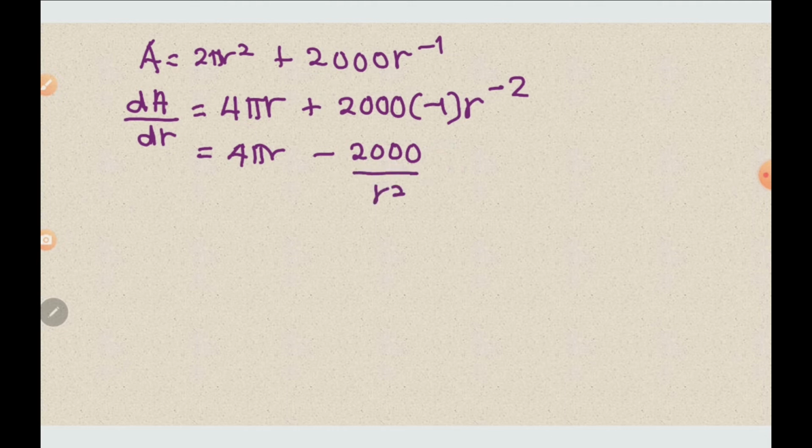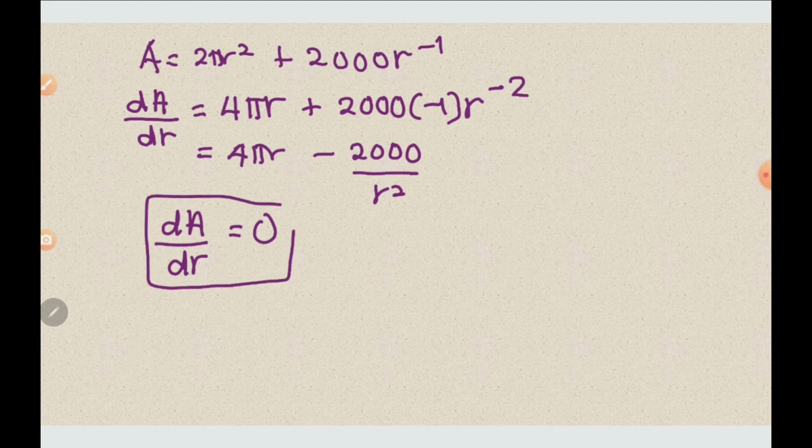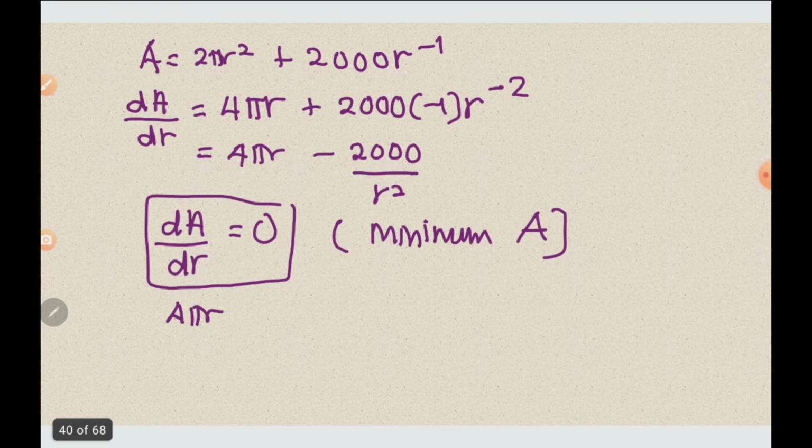Then to get the minimum surface area, dA/dr you have to equal to 0. This is to get the minimum surface area A. Therefore you will get 4 pi r minus 2000 over r squared equals to 0.